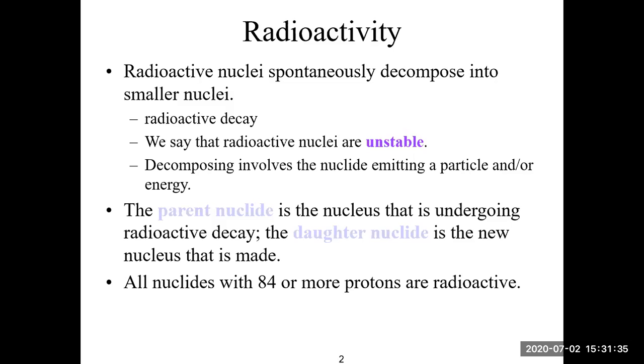And obviously, when we talk about radioactivity, anything that goes through radioactive decay, which is basically the spontaneous decomposition of an element, is said to be pretty much unstable. Decomposition occurs as we play with the nucleus and the particles that are in the nucleus.